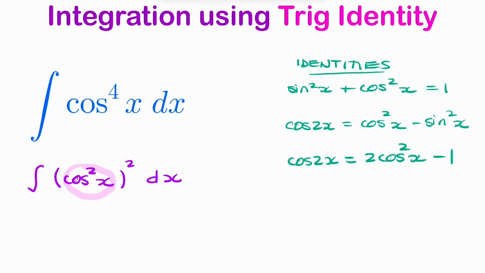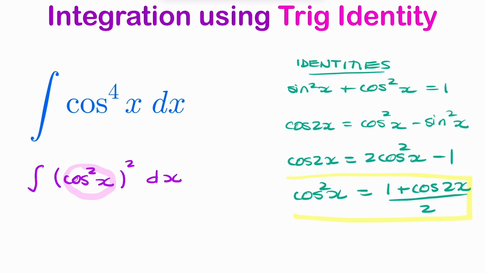You can rewrite that as cosine squared x equals 1 plus cosine 2x divided by 2.